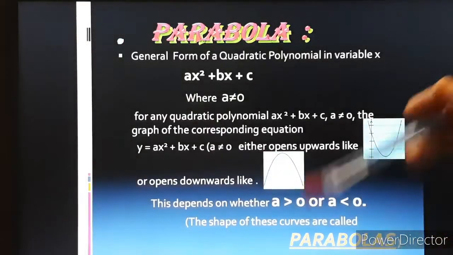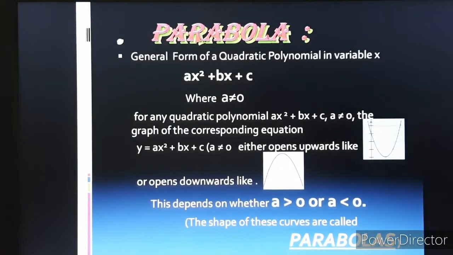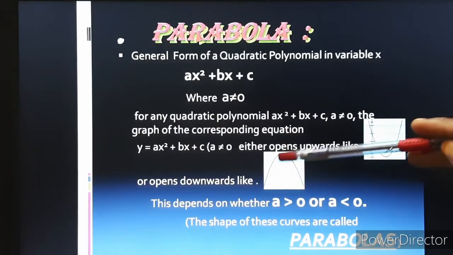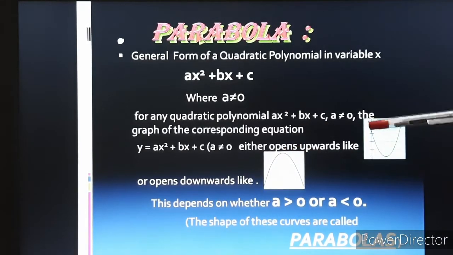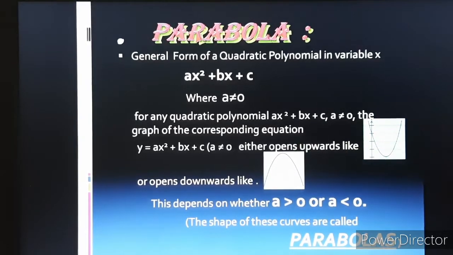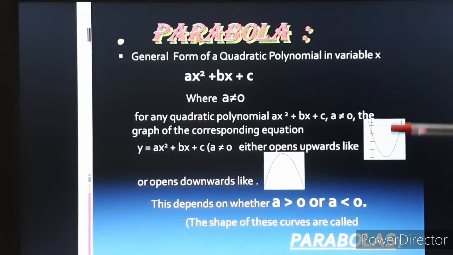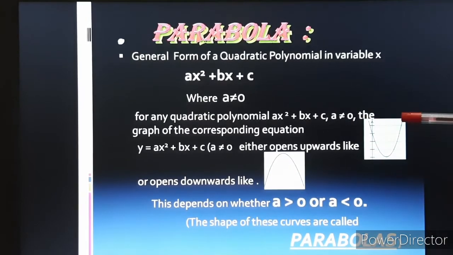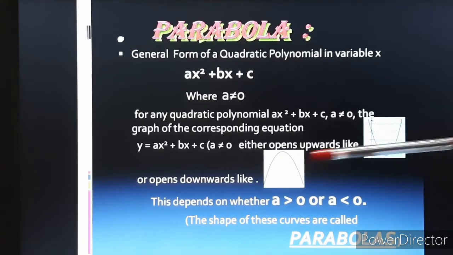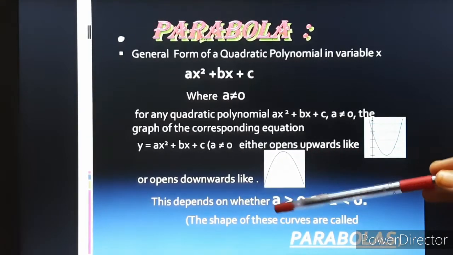But when we are talking about a quadratic polynomial, we'll get 2 types of graphs: one opens upward, one opens downward. On what does it depend whether it opens upward or downward? It depends upon the value of a.